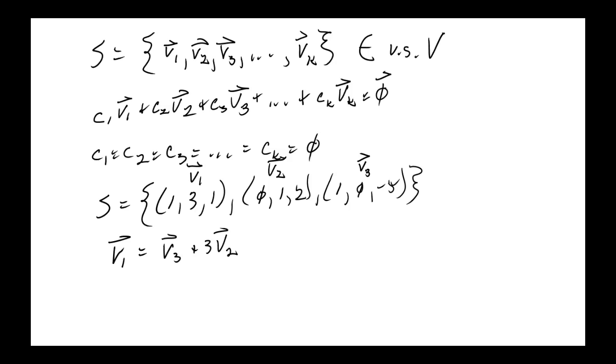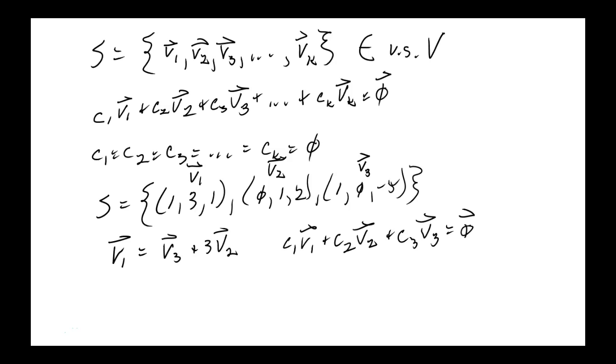So the vector equation, like I said before, C1 V1 plus C2 V2 plus C3 V3 equal the 0 vector. For that to span it, the only way that could do it would be the trivial solution.